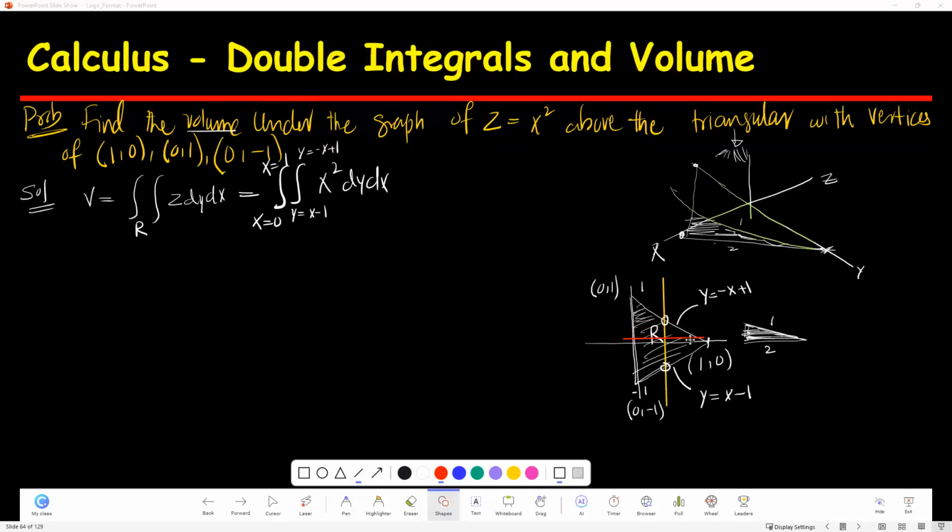If I move this line like this, these are my x limits, minimum and maximum. If I go up, that is my other limit. When I go there, this line is touching the x-axis and x becomes 0. When I go here and touch here, my x max equals 1. So I substitute these two values.